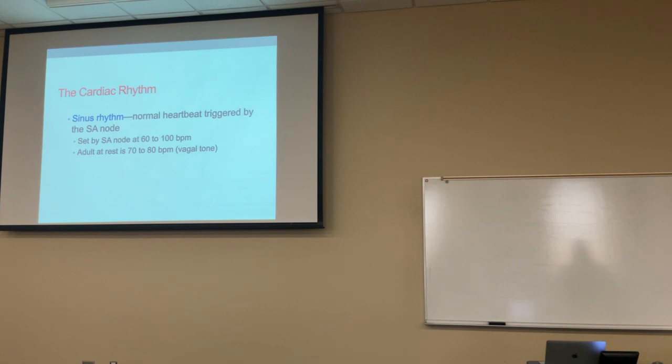That's probably about average. But it can range anywhere from 60 to 100 beats per minute. So the typical heart rate is 70 to 80 beats per minute. That's called the vagal tone. Okay, that's due to the amount of vagal stimulation at rest.